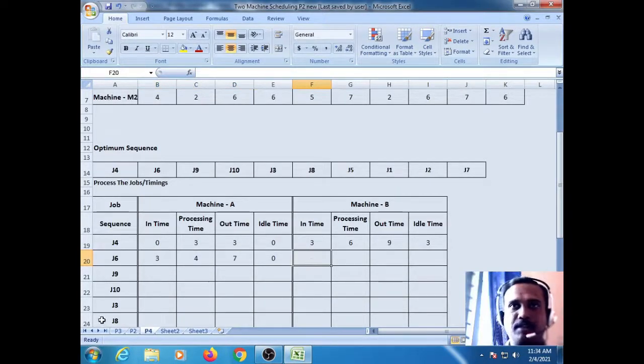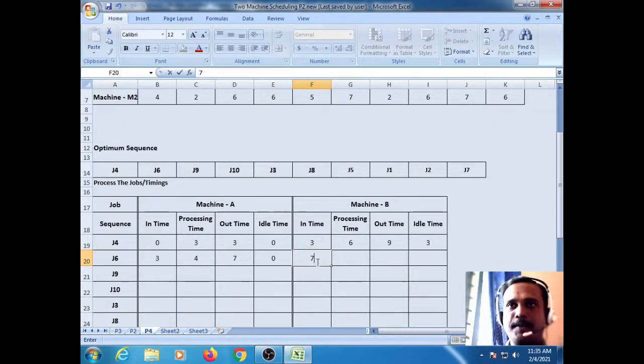Okay, after this, which hour will become the in time for machine B? Here, this 7th hour is when we have processed the job 6 on machine A. Immediately we can forward it at 7th hour to machine B. Okay, this job we can forward to machine B at 7th hour.